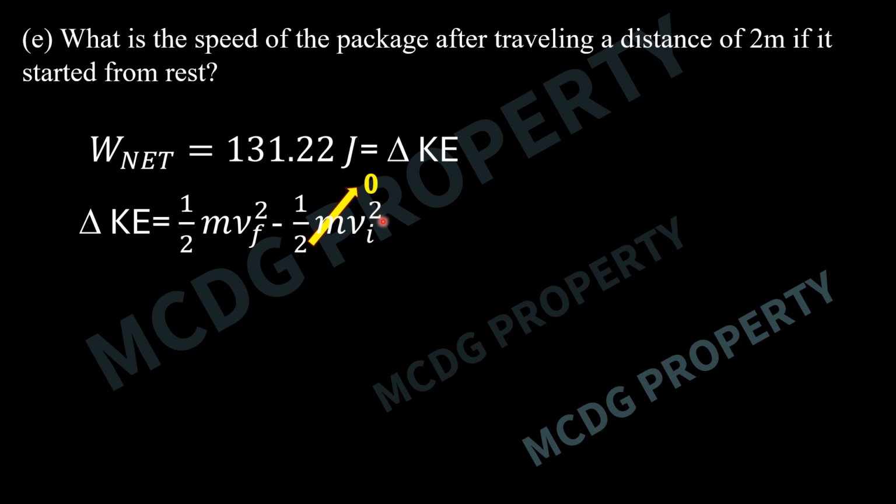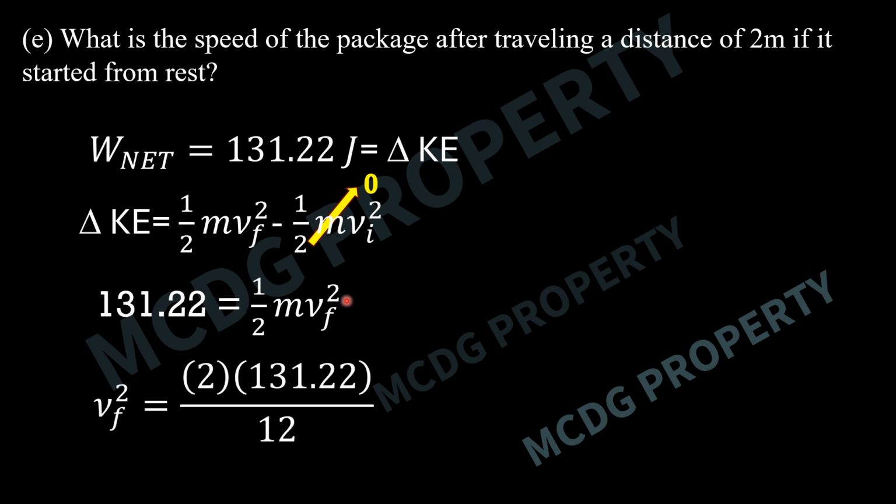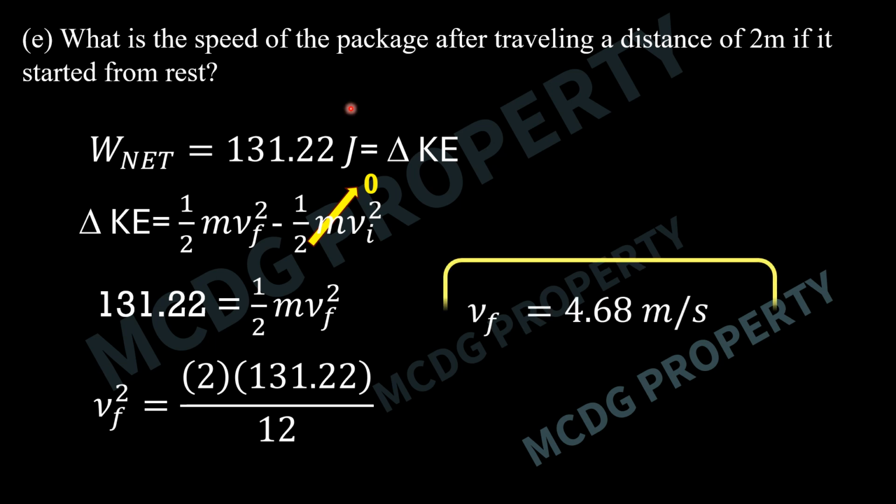The initial kinetic energy is 0 because the package started from rest. Hence, the total work done is equal to the final kinetic energy. We can solve for the final speed of the package by solving for v final, and the final speed of the package is 4.68 meters per second.